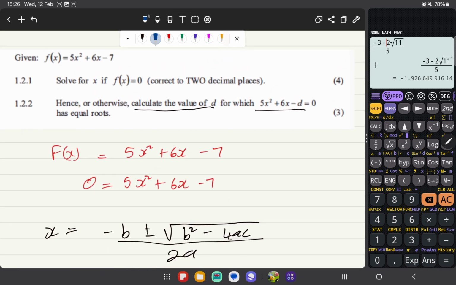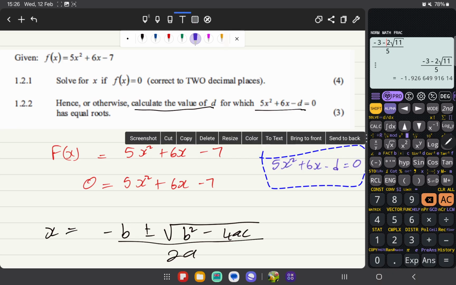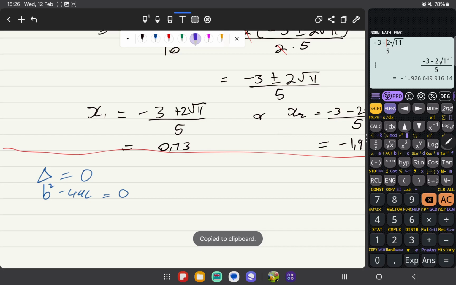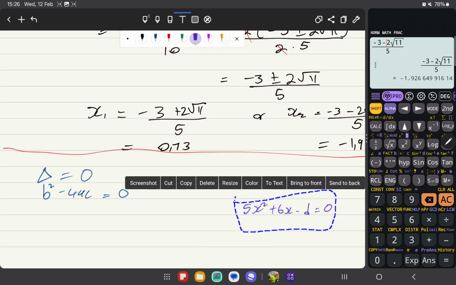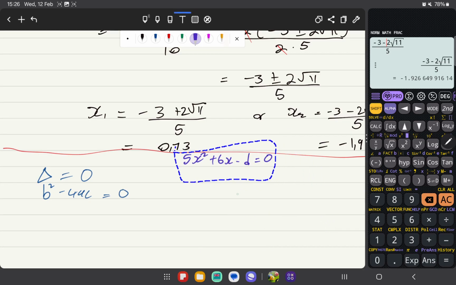You go to this equation, I'll write it down. 5x squared plus 6x minus d. Copy that, go down, paste. Yeah, that equation. So on that equation, you already do your thing.